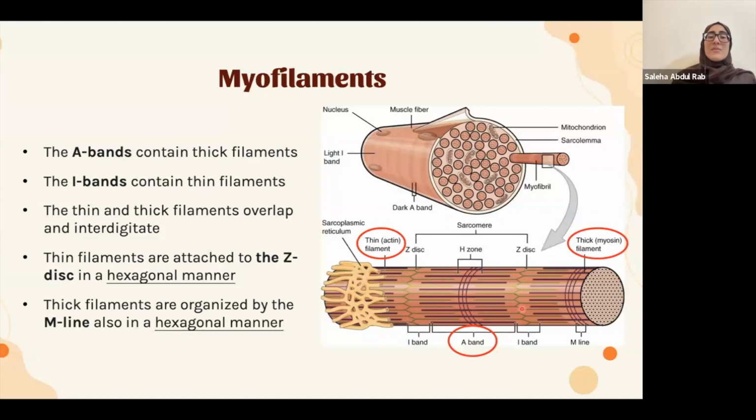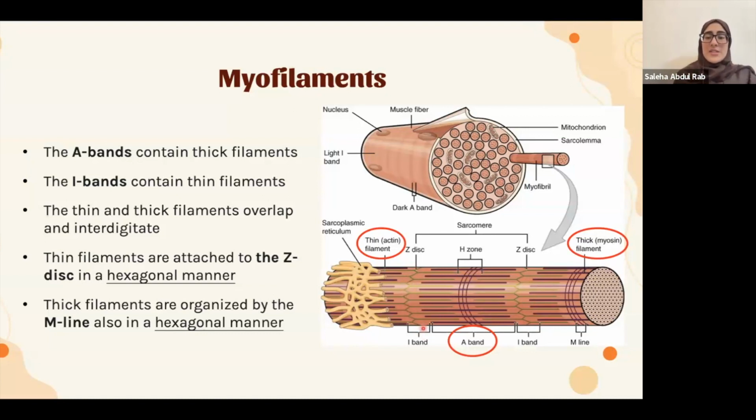So the thick and thin filaments, as you can see, they overlap, literally interdigitate like fingers, right? Like these purple ones or the maroon ones are the thick ones and the green ones are the thin ones. And they literally intersect like this, right? The thin filaments are attached to the Z disc in a hexagonal manner. This is a Z disc. You can see they're kind of like arranged in a zigzag manner or a hexagonal manner.